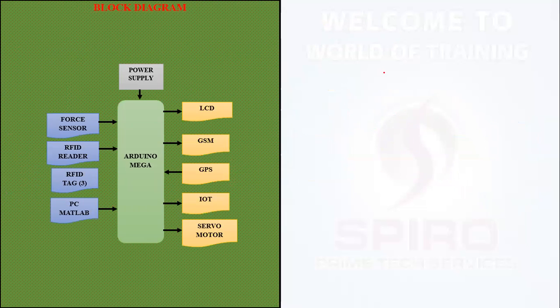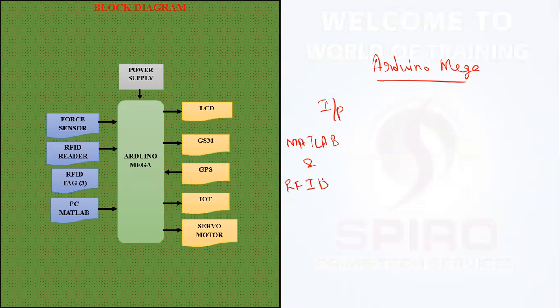Block diagram. Here we are using Arduino Mega. For Arduino Mega, input will be MATLAB. In MATLAB, number plate is recognized using image processing, and RFID is used to identify the vehicle number. That is, number plate and RFID number should match. If they do not match, the servo motor will not open.